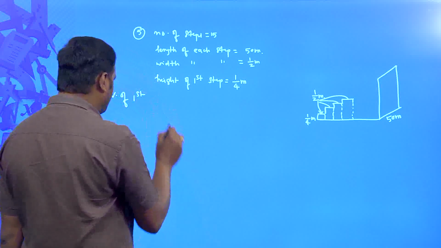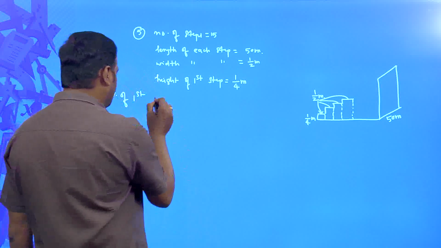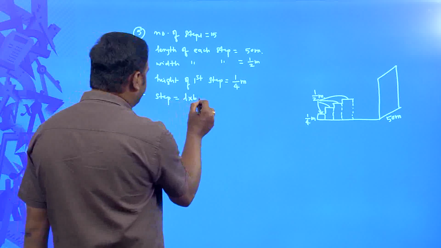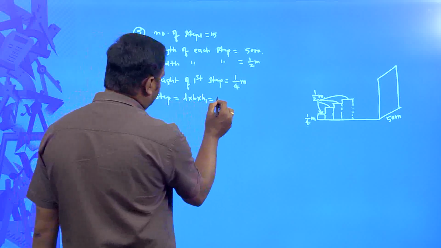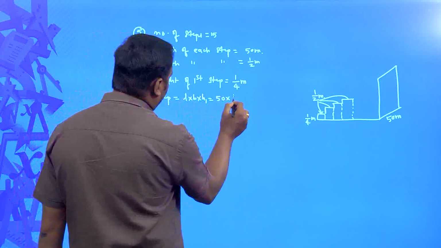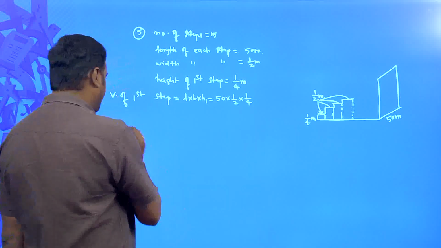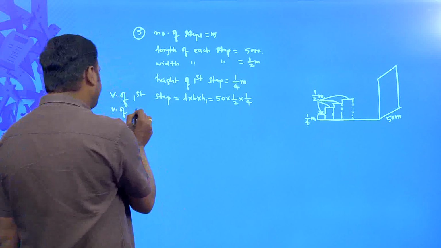I am going to find the volume of the first step. Volume of first step is equal to L into B into H1, which is equal to 50 into half into 1/4. And what is the volume of the second step?